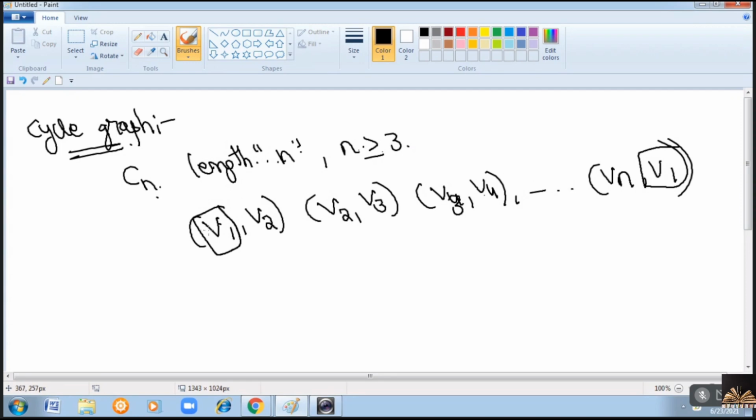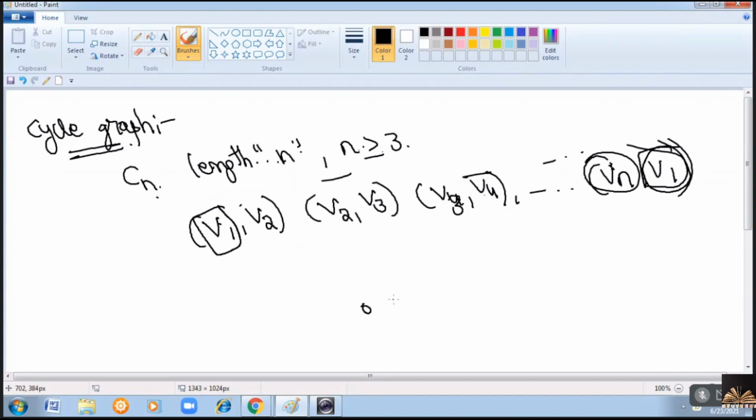All the n vertices should be traveled, and it should come back to the starting vertex. Clear?